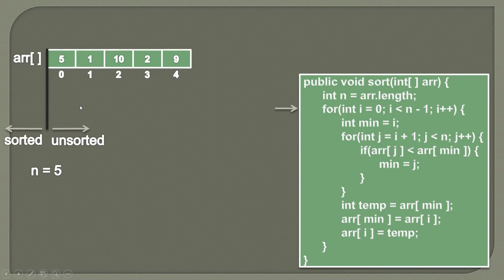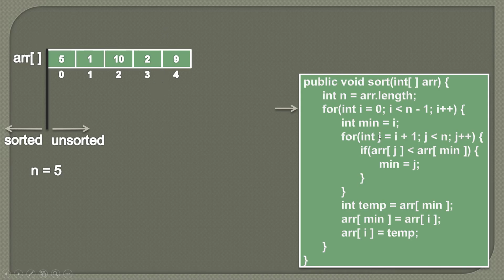this boundary gets shifted by 1 position. So you can see this outer for loop goes from i equal to 0 to i less than n minus 1. Here i will keep track of this boundary, and it will start from 0 and go to less than n minus 1, which is 4, so it will go till 3.